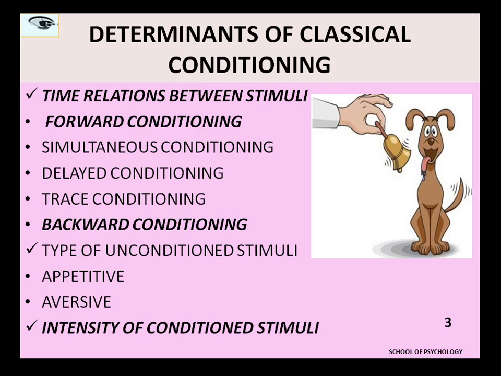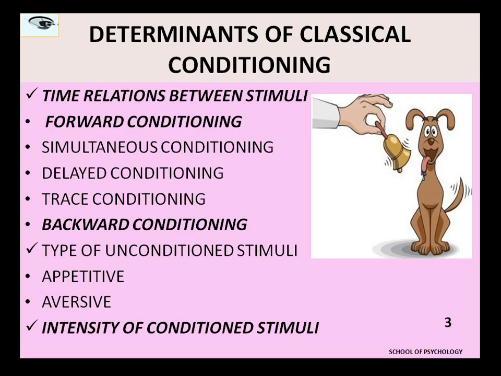In trace conditioning, the onset and the end of the conditioned stimulus occur before the onset of the unconditioned stimulus, and there is a time gap between the two, between the ringing of the bell and the presentation of food. First the bell rings, there is a time gap, and then the food is presented. In backward conditioning, the unconditioned stimulus is presented before the conditioned stimulus. The food is brought first and then the bell rings.